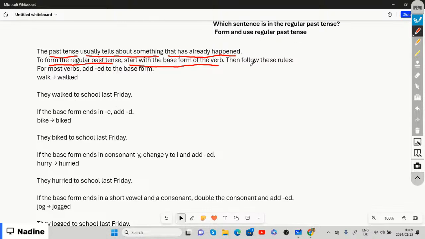And then follow these rules. For most verbs, we just add ed. For example, walk, which is our base word, is the action that someone is doing. I walk to school. All we do is add ed, so now our verb changes to: I walked to school.